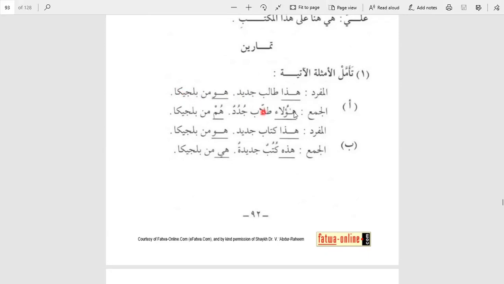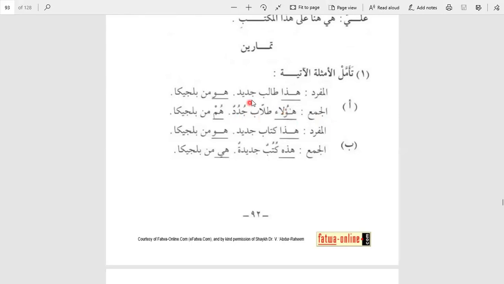So what if you see a group of students who are new? What do you say? This is now plural. You say ha'ulai. Remember, ha'ulai is the plural demonstrative pronoun for something near. In this case, it refers to humans. So ha'ulai tullabun judud. Look at judud.